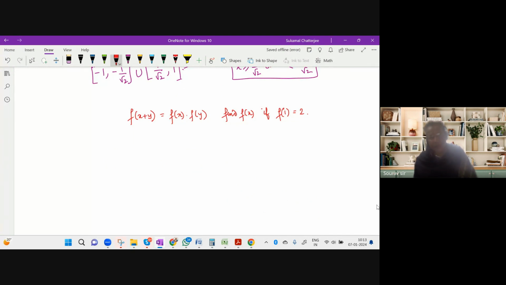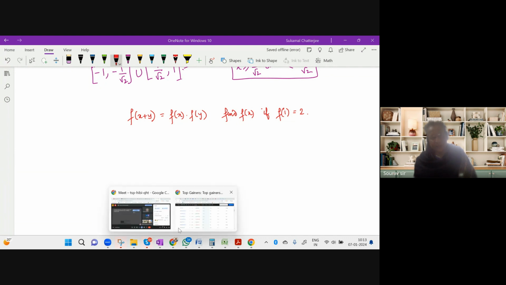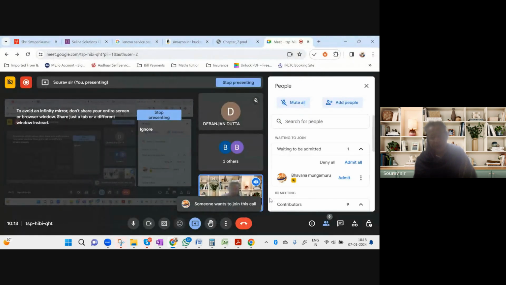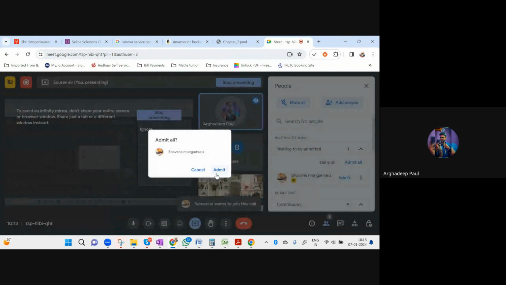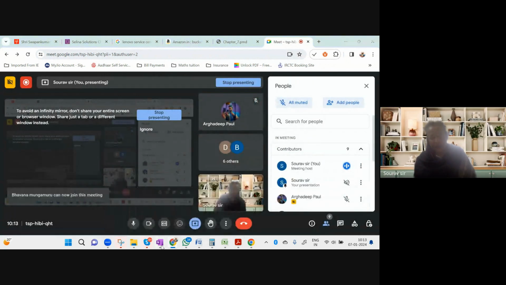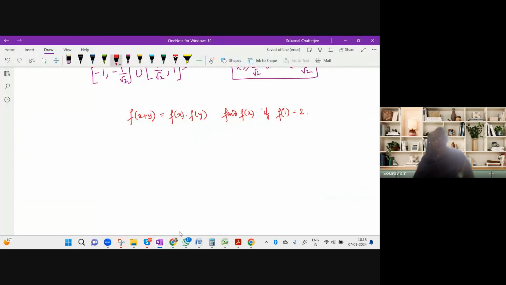I have to find f of x where f of 1 is given. So how will I proceed with this? Think of it. This question you can mark as important because you can get different forms of this question, and I'll tell you what kind of forms you can expect.